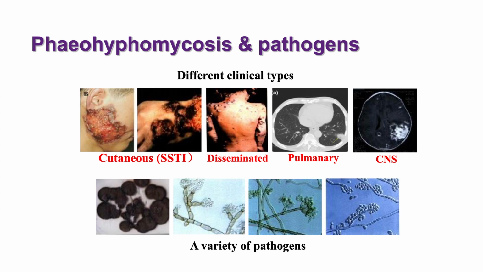In organ transplantation patients, the major clinical types of phaeohyphomycosis are cutaneous, so-called soft skin tissue infection, disseminated, pulmonary and central nervous system. The pathogens are a variety of pathogens, almost more than 20 genera.